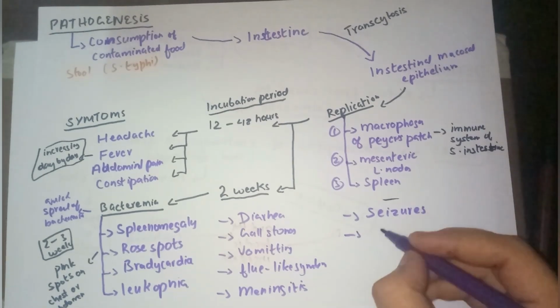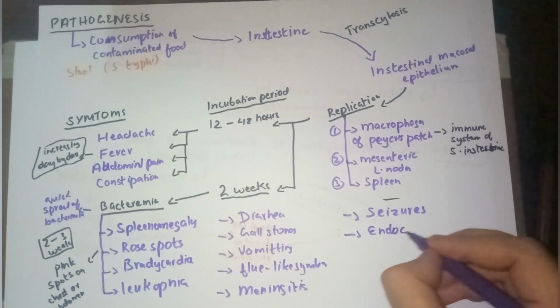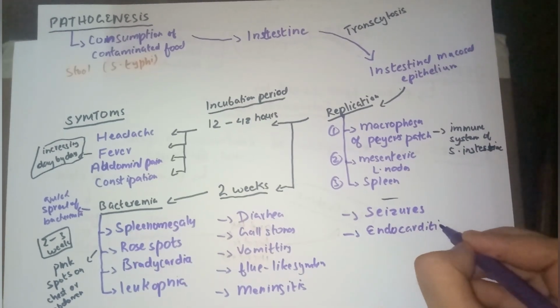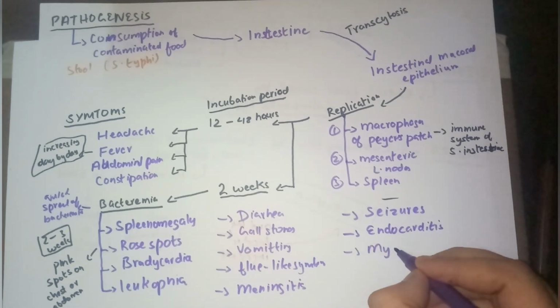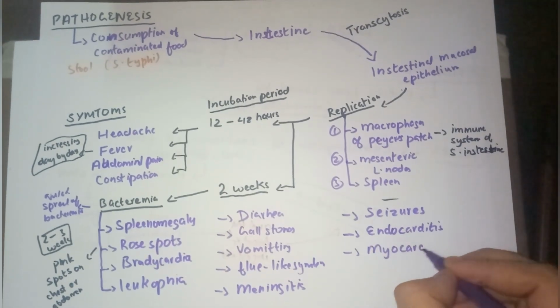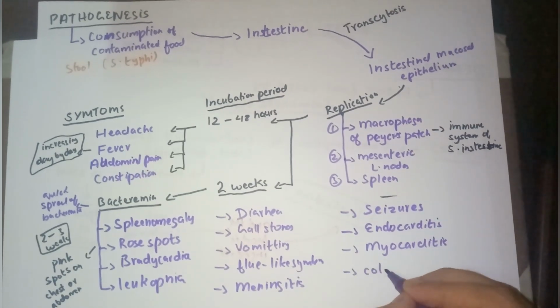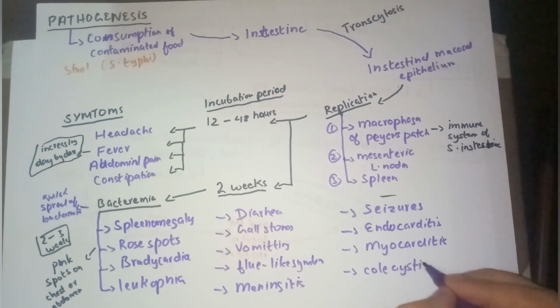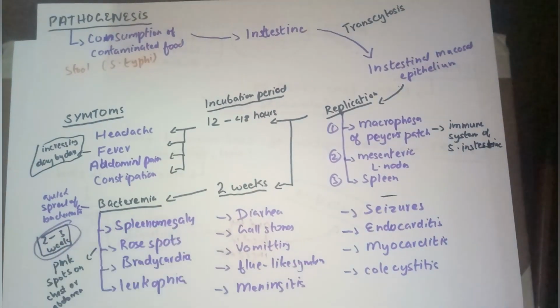You can find it in the books. So this shows how dangerous it is. Endocarditis, cardiovascular damage has started. Myocarditis and cholecystitis. So these symptoms occur at 2 to 3 weeks.